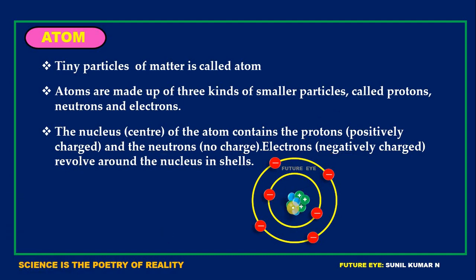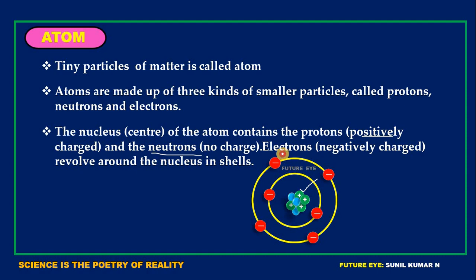Nucleus contains protons. Proton means positively charged particles. Neutron means neutrally charged particles. It means nucleus contains positively charged particles as well as neutrally charged particles.